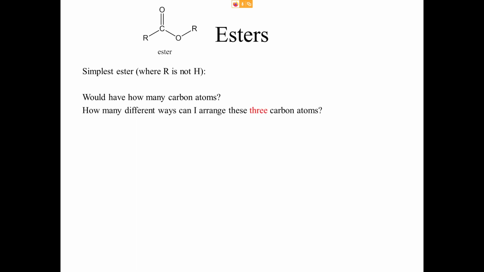And how many ways can you arrange those 3 carbons and still have an ester? One way. That's why it's the simplest. There's only one way to do it. So it would look exactly like that. It has the carbonyl carbon, the 1 carbon over here, which makes it an ester, and then I said at least 1 here, so that means 1 carbon there. What will be the parent chain of this molecule? Which carbon is most certainly number 1?